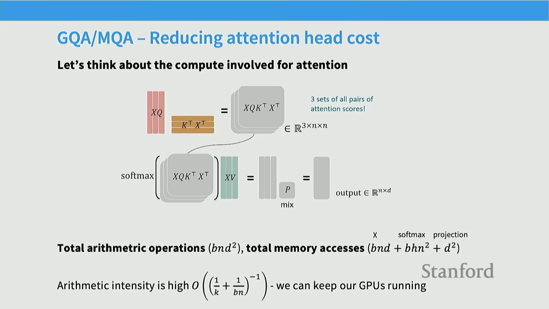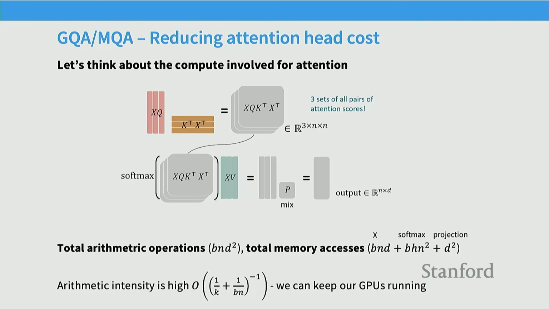This is because memory accesses are very expensive on a GPU, relatively speaking, and compute is relatively cheap. So in this batch computation that I'm showing you here, the arithmetic intensity, if you take the ratio of those two things, is going to be 1 over k plus 1 over bn, inverse. And so this means that we can keep our GPUs running.